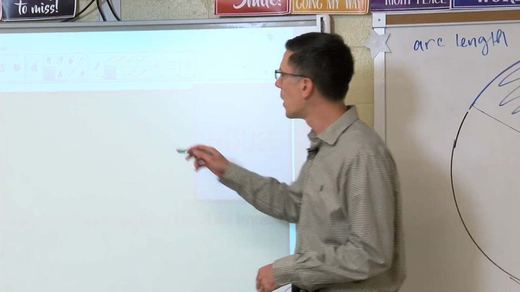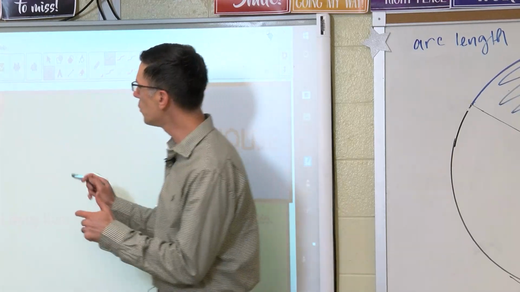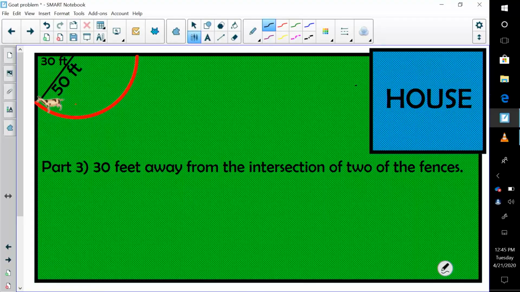Part 4. Bill has now moved the goat 30 feet from the intersection of the two fences. Now what has been formed is a right triangle here, and a sector that has been formed here.